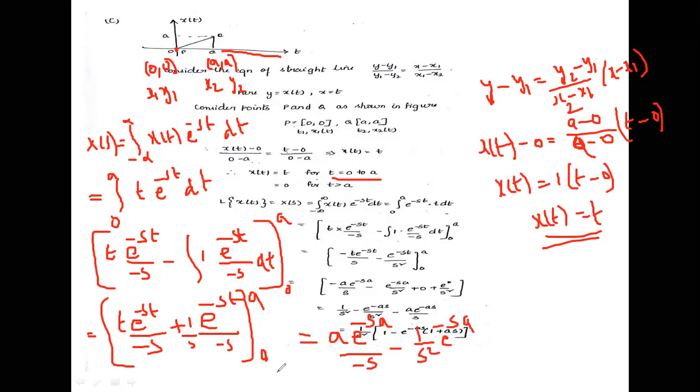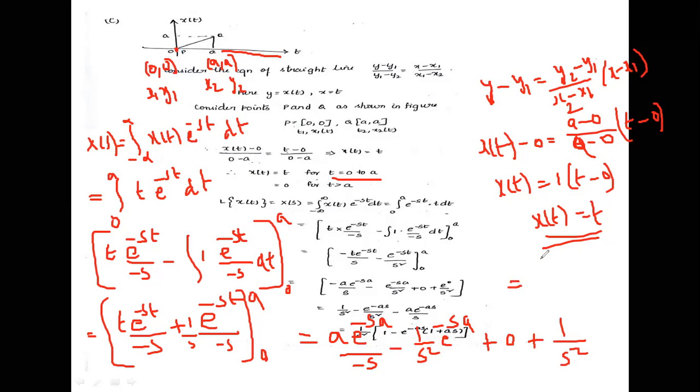Substitute the lower limit: minus becomes plus, t is 0, and the minus is already there, so we get plus 1 by s square, because e power 0 is 1.